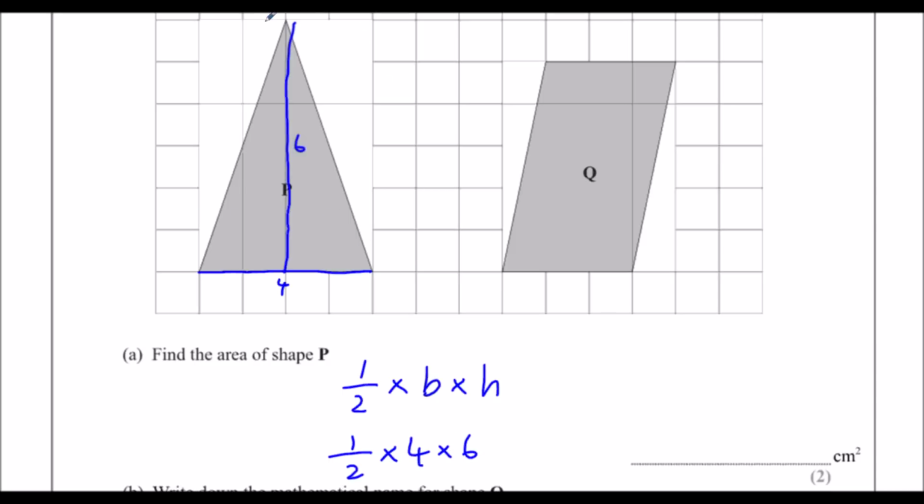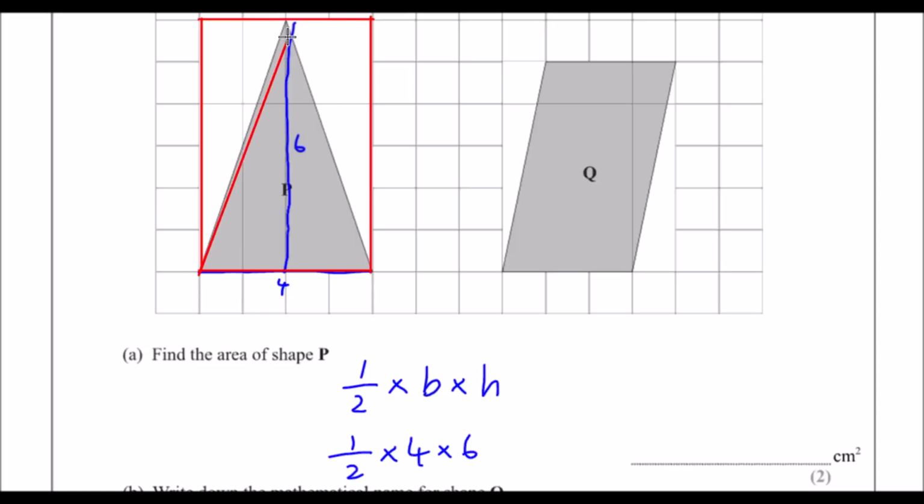Actually, where the squares haven't printed quite well, it actually shows us something. So the area of this rectangle here, the rectangle that hasn't printed very well, the area of a rectangle is the base times the height, 4 times 6.